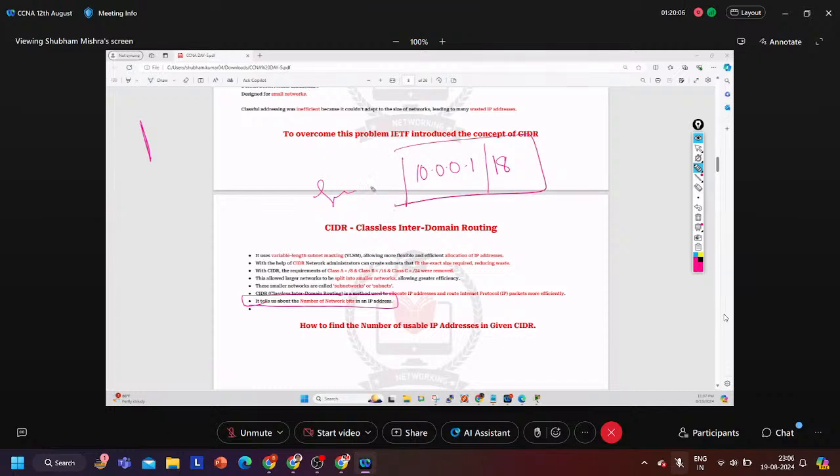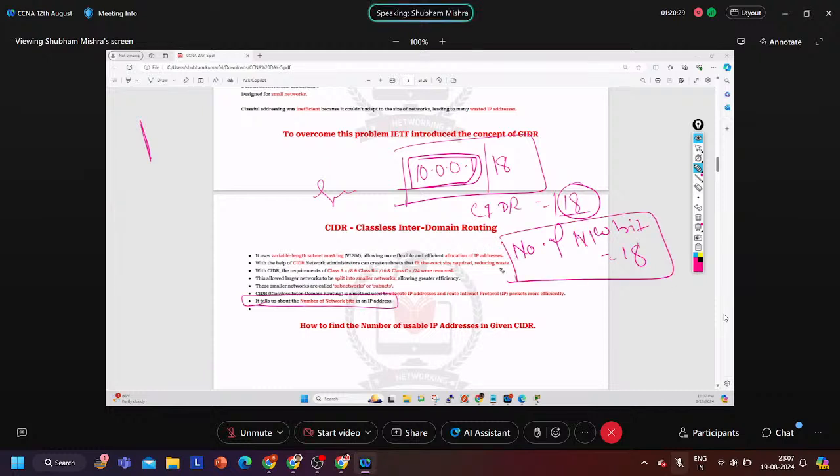So guys, here what is the CIDR value? /18. It means 18 is telling us the number of network bits. It means in this IP address, the number of network bits is 18. 18 bits are network bits.